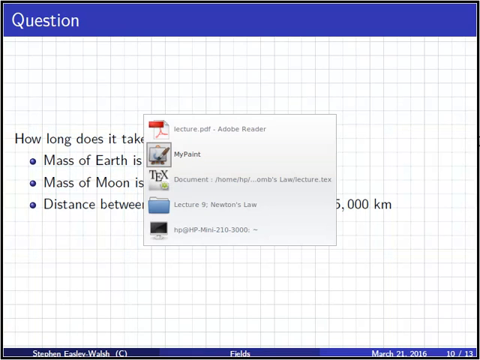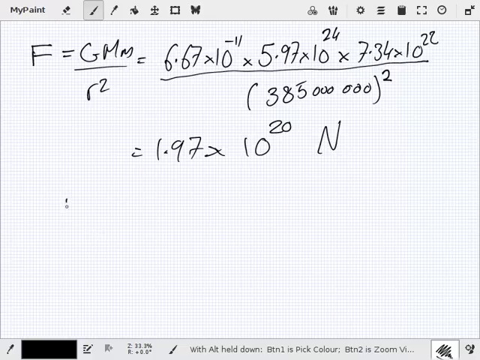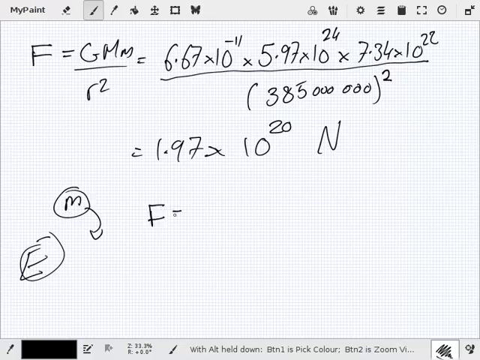Now, we want the time this time. So, here is the Moon, here is the Earth, and it's moving around in a circle. So what's the force if it's moving in a circle? You have two choices. You can say m omega squared r, or you can say m, what's the other formula? v squared over r.